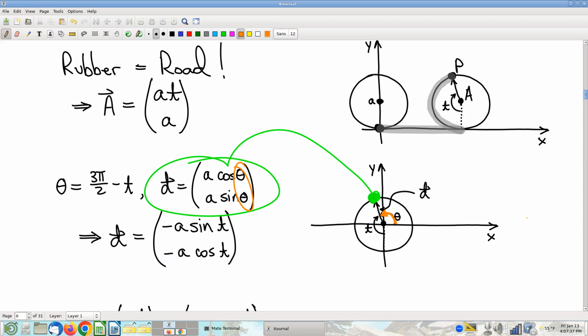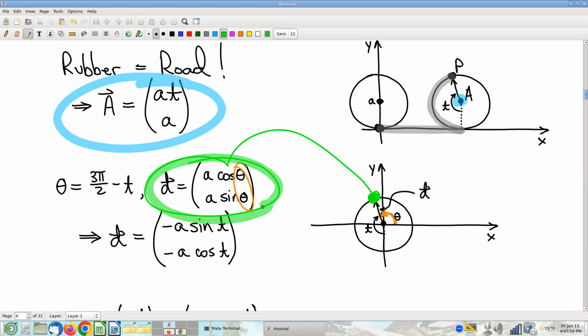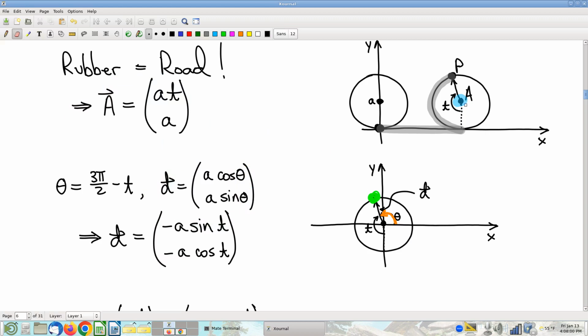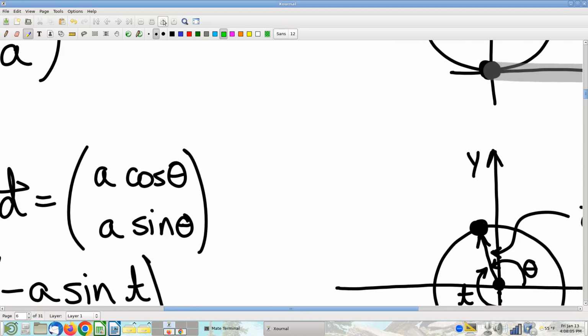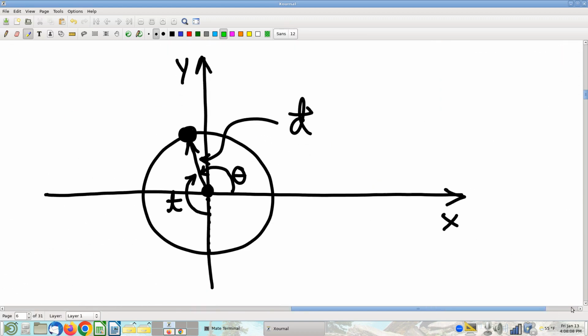Okay. Now, tempting to call that done, but the problem is these are now in terms of different parameters. I've got the axle in terms of T, but I have the green vector in terms of theta. Theta and T are not the same variable, and you can explicitly see that in this picture here. Theta is that angle.